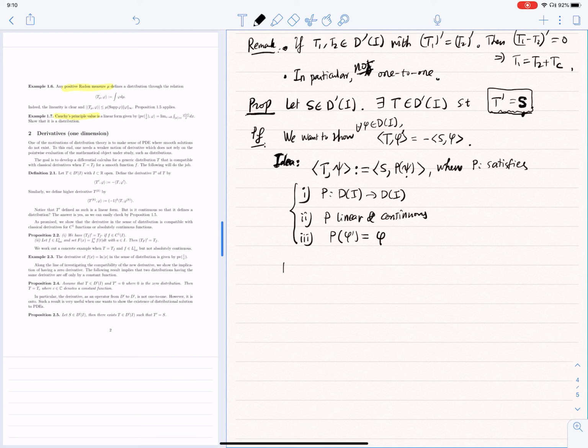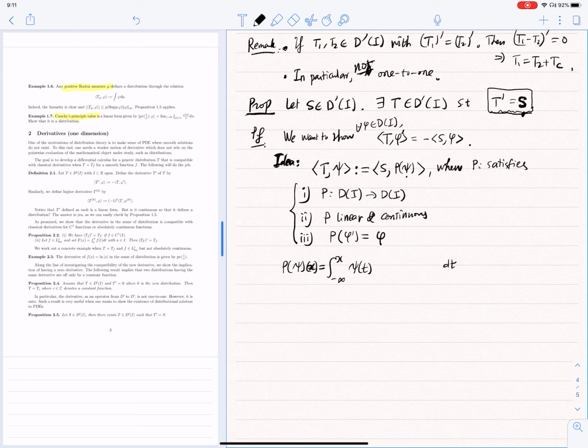So what if P of psi is defined as the integral from negative infinity to x of psi of t dt? This is precisely the primitive.